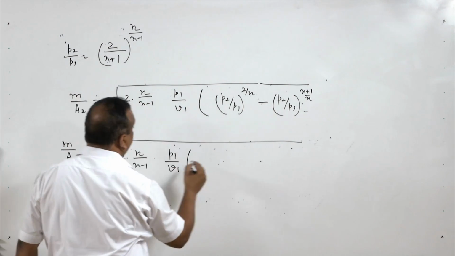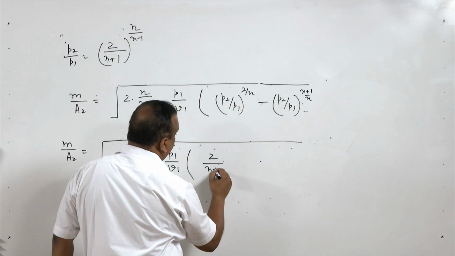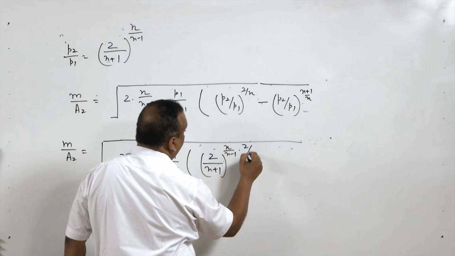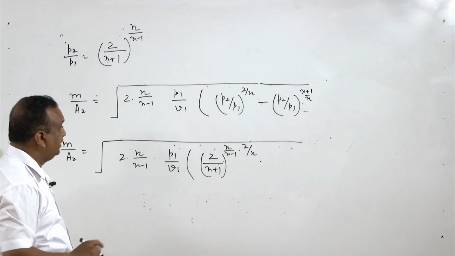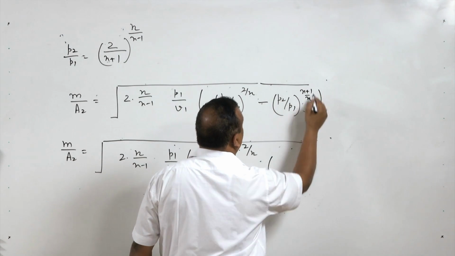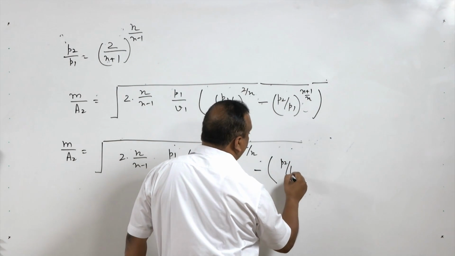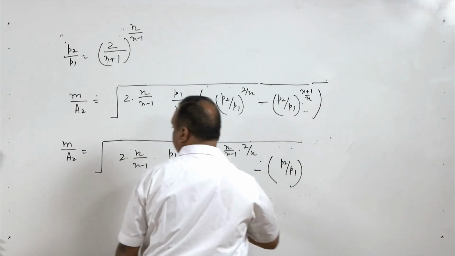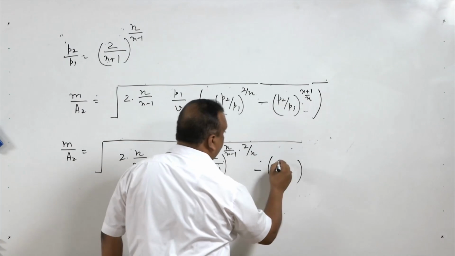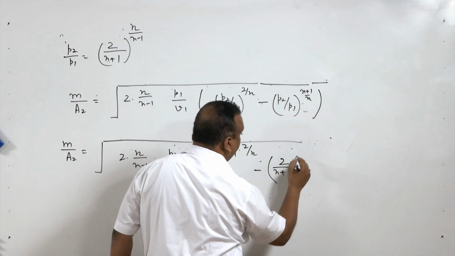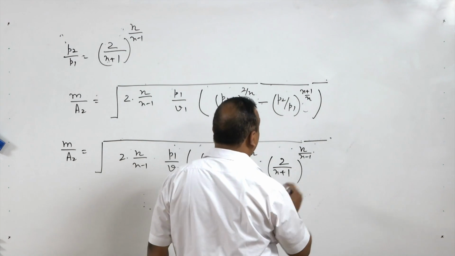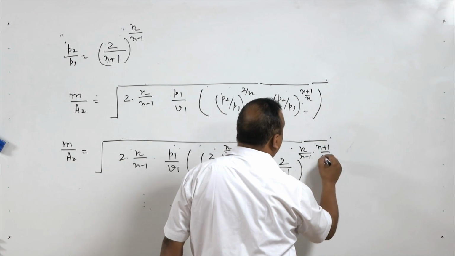Now, P2 by P1 is (2 by n plus 1) raised to power n over n minus 1 multiplied by 2 by n, and this one is minus P2 by P1 raised to power (2 by n plus 1) raised to power n over n minus 1 multiplied by n plus 1 by n.